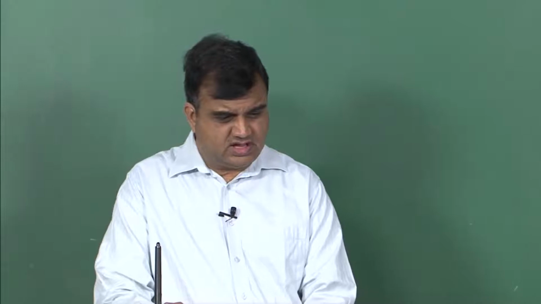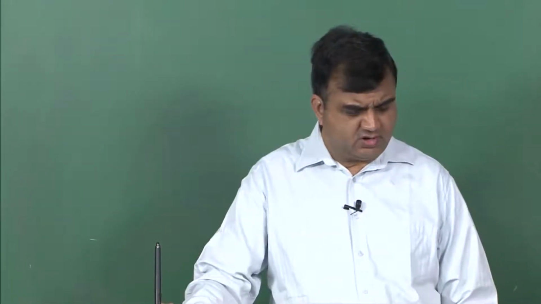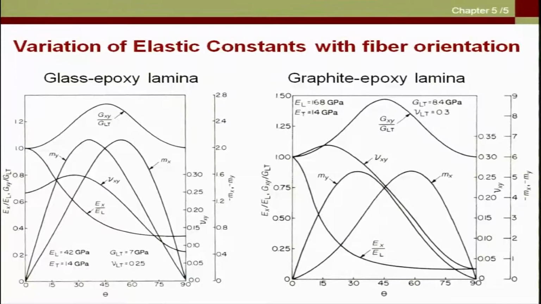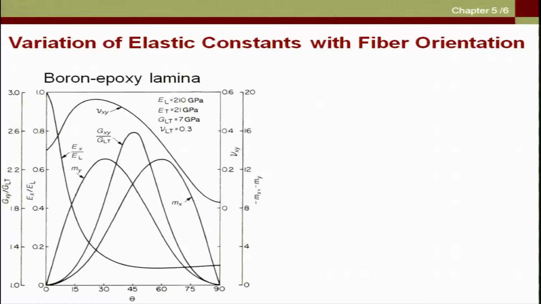So, these are the plots for Ex, Gxy, nu xy, mx, my and so on for glass epoxy lamina, graphite epoxy lamina and boron epoxy lamina.